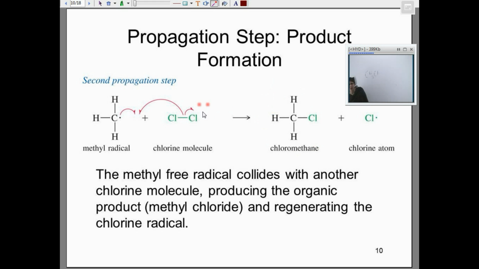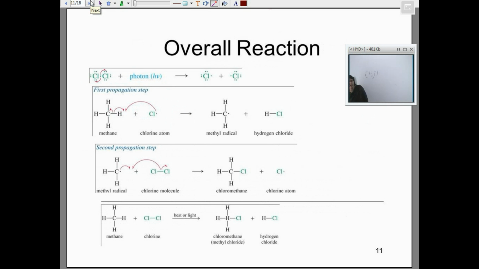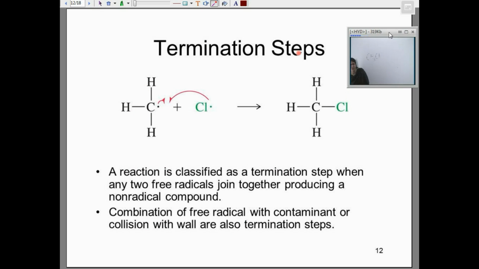Definitely we will get the product, but we will not get this. But children, the possibility of such things is less. Why? Because methane and chlorine molecules are more in number, comparatively the free radicals are lesser in number. But anyway, the reaction comes to an end. There is termination also. This is how termination of the reaction occurs.